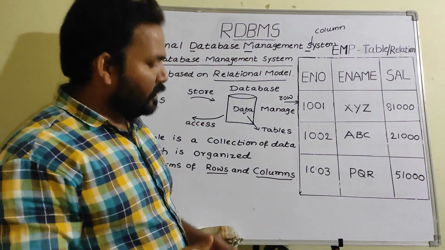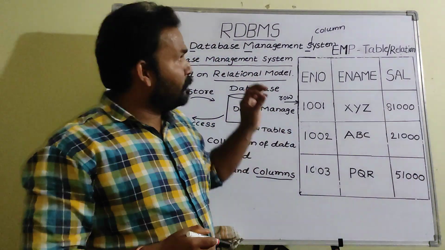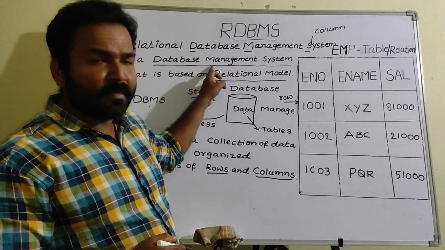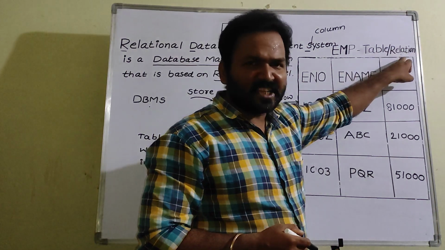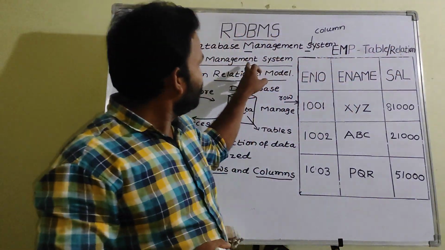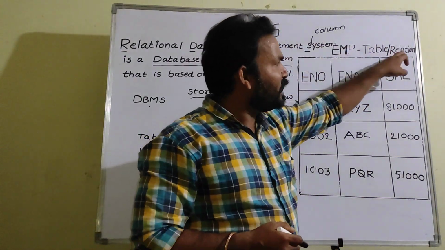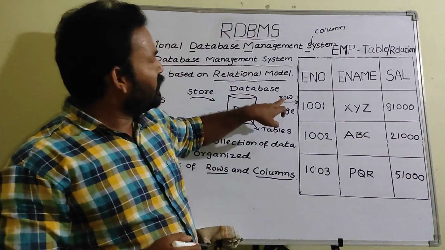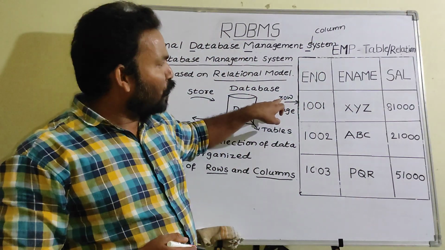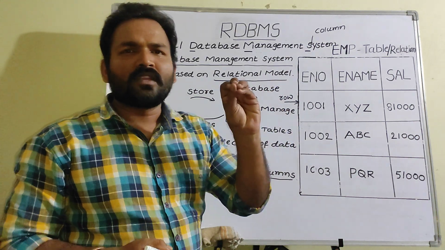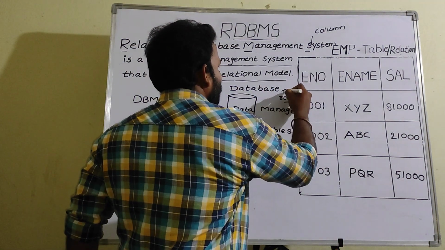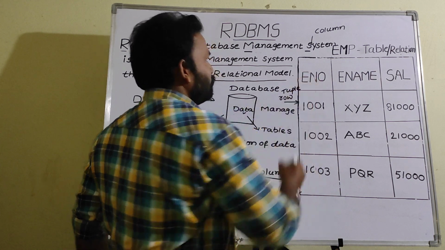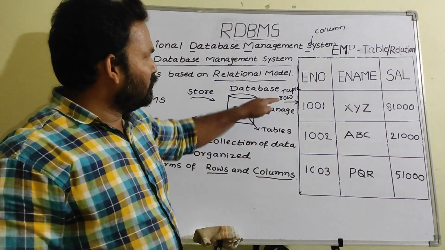Okay, right. Next, in DBMS, a table is known as relation and a row is known as tuple. Row or tuple. So clear?